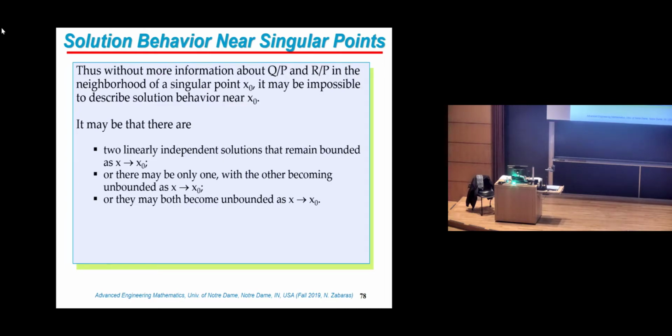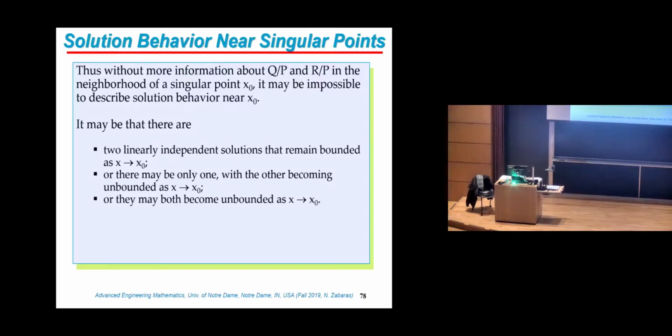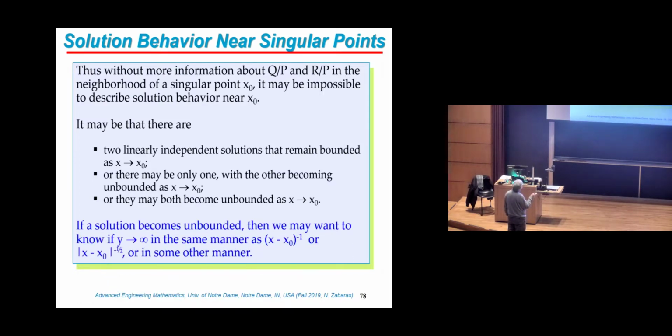In summary, if you have singular points in general, not for the Euler equation, you may get two linearly independent solutions that are bounded as x goes to x0. You may get only one of the two solutions to be bounded, or maybe none of the two solutions to the homogeneous problem are bounded. So lots of different things can happen.